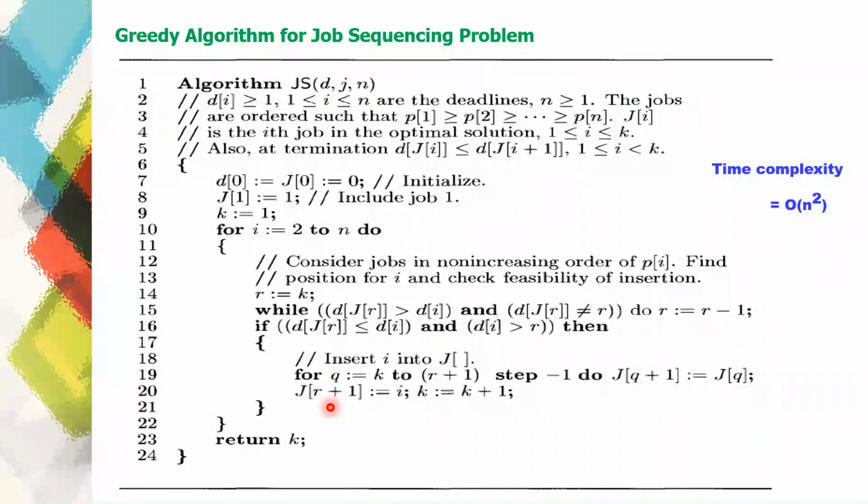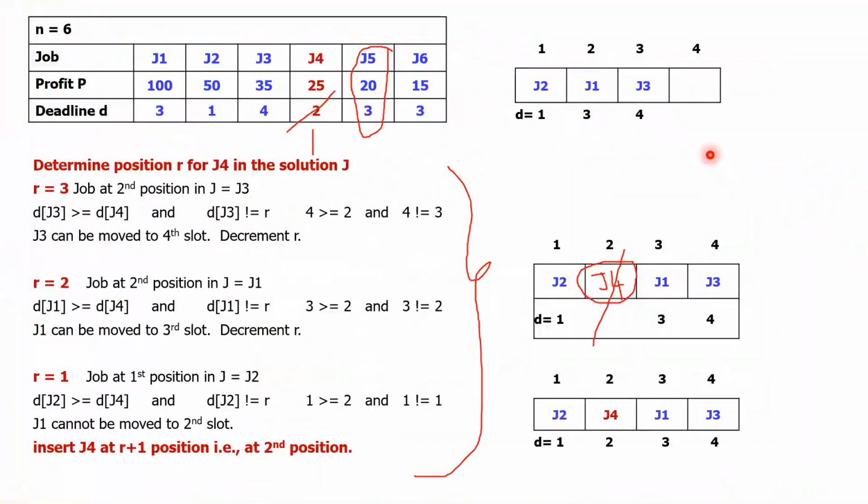And to create an empty slot, this is the loop for moving the entire array to the right side. So here you can see that we have moved the entire array to the right side. So J3 is moved to the right side. J1 is moved to the right side. So up to some point, some rth position, up to which this entire sequence of jobs will be moved to the right side by 1 step.